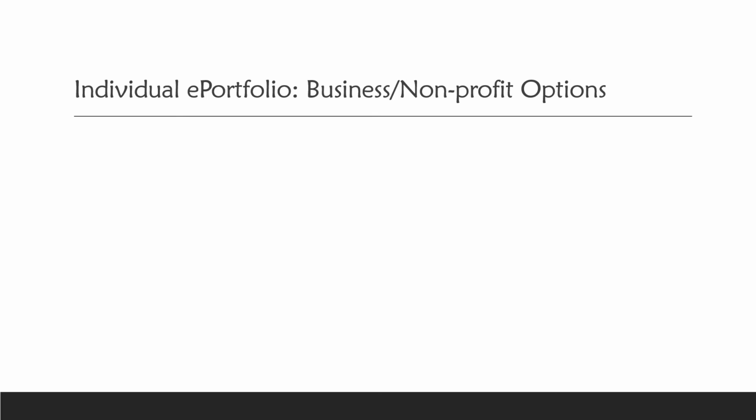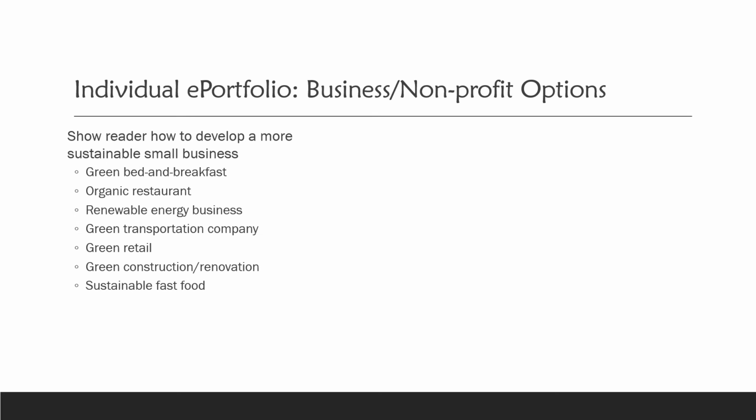Some ideas for a business or nonprofit. Remember, what you're doing is you're showing the reader how to develop a more sustainable small business using one of these as an example. Things like a green bed and breakfast, an organic restaurant, renewable energy business, green transportation, green retail, green construction, or sustainable fast food.